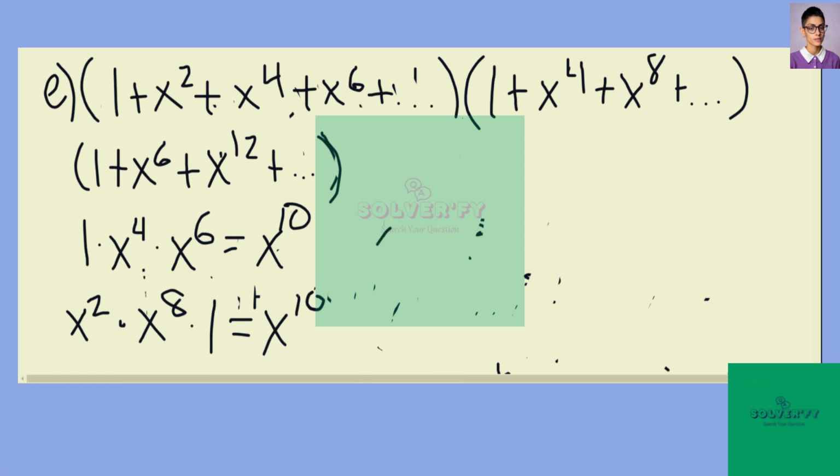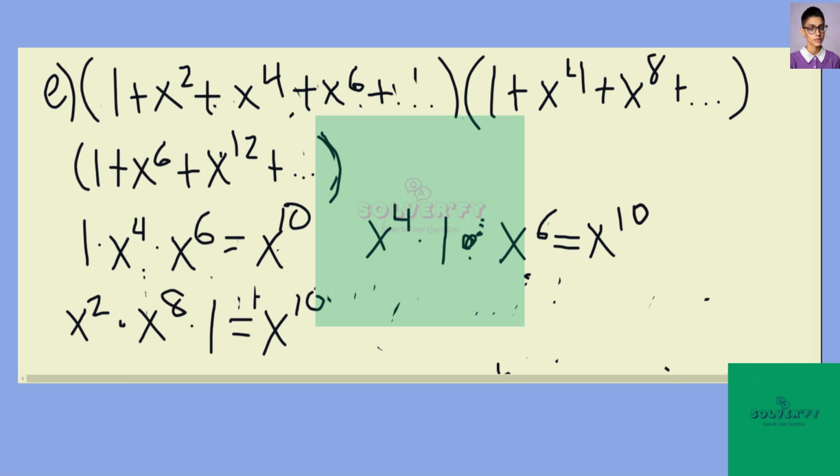And what if we choose x to the 4th for the first factor? Then we have x to the 4th times, if we choose 1 for the second factor, then the third factor is going to have to be x to the 6th. And if we don't choose 1, we can't get the 10.